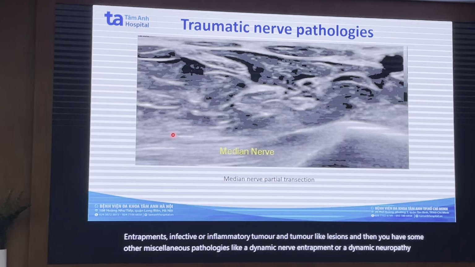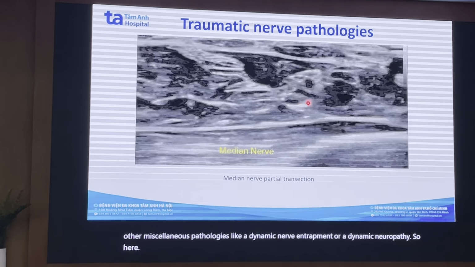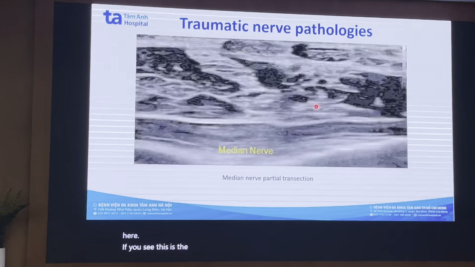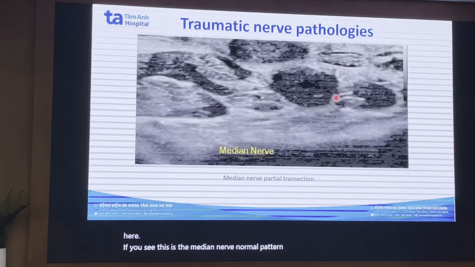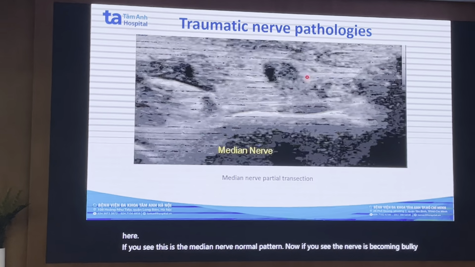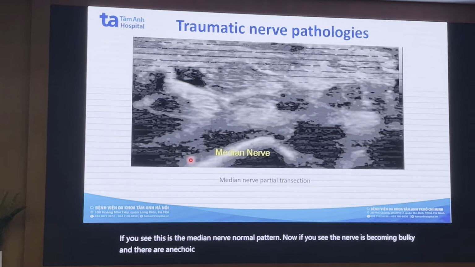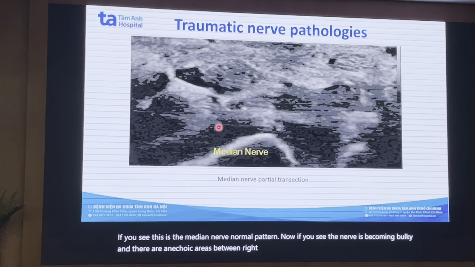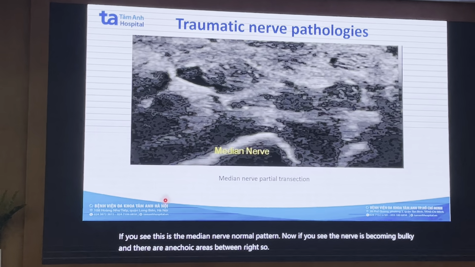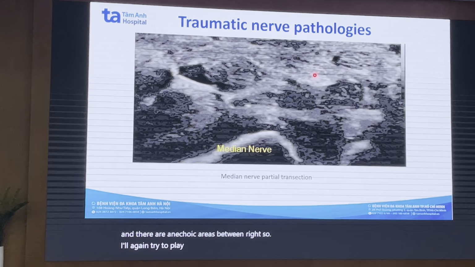So here you see, this is the median nerve, normal pattern. Now if you see, the nerve is becoming bulky and there are anechoic areas between, right? I'll again try to play this.